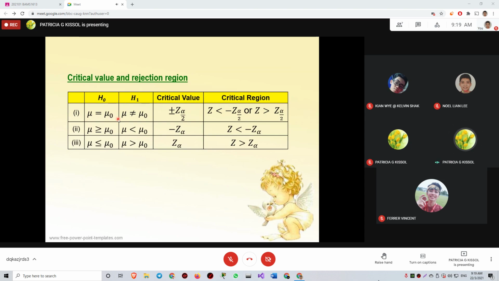Now, if it's a two tail, because it's a two tail, the alpha needs to be divided by 2, as you can see here. And we have basically two scenarios: first, the rejection area would be somewhere less than the alpha divided by 2, and of course it will be on the negative side, or it could be on the positive side, which, as you can see here, is greater than the value.